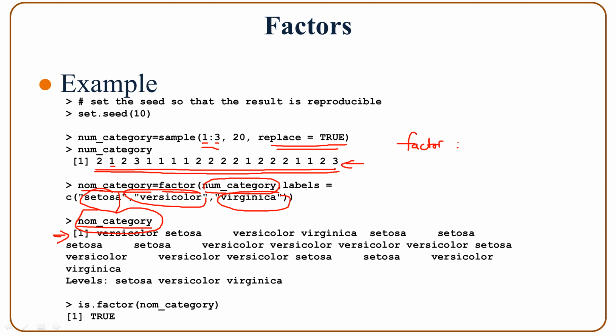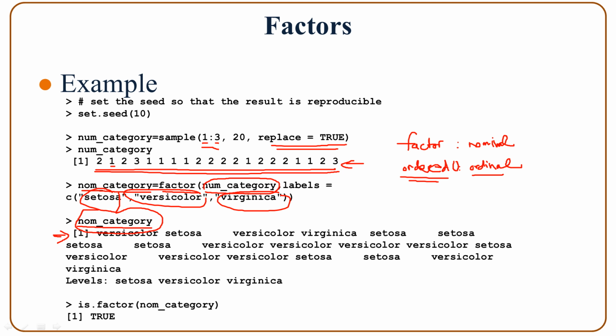And you use ordered for ordinal. So if the values actually have some order, then you have to use this function ordered to convert into ordinal variables, and otherwise use factor to convert into nominal variables.